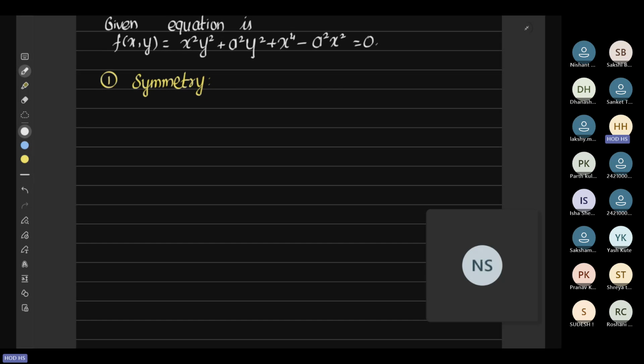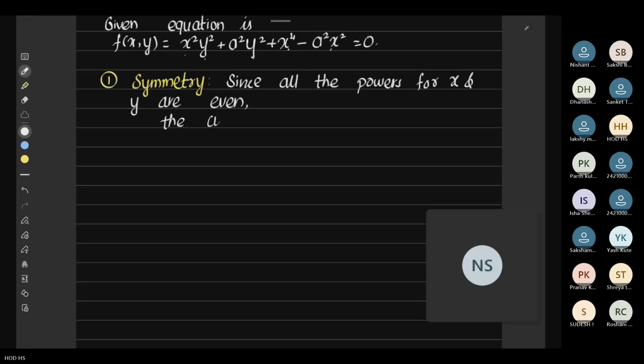So notice that all the powers of x and y that we can see are even. So it is symmetric about both the axes. Since all the powers for x and y are even, the curve is symmetric about both the axes.